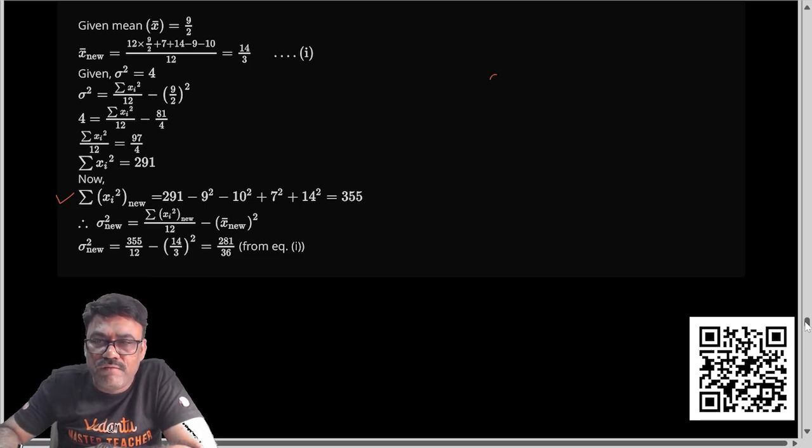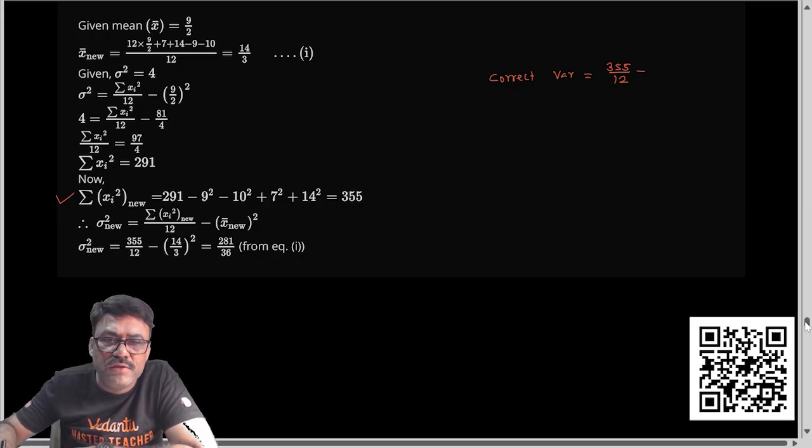So what will be the correct variance? The correct variance is the correct sigma x square, which is 355 by 12, minus the correct mean square. And what is the correct mean?